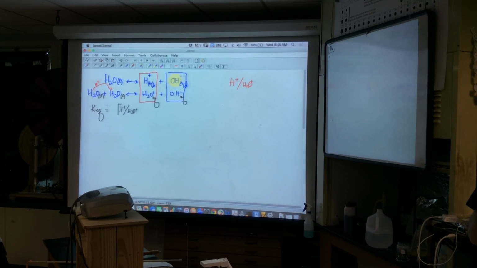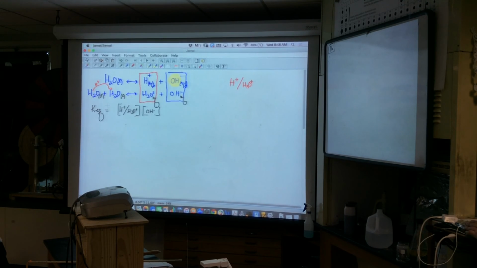And it's to what power? What's the coefficient? 1. And we don't have to write it there. And then we have the hydroxide, OH minus, to the same power.